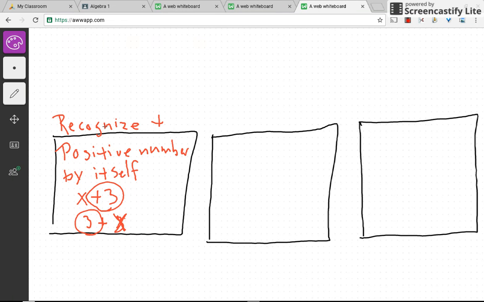Now let me grab a different color here, and we'll look at recognizing subtraction. To recognize subtraction, and that's barely recognizable as the word recognize, look for a term with a negative sign in front.